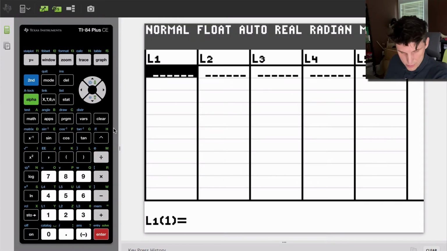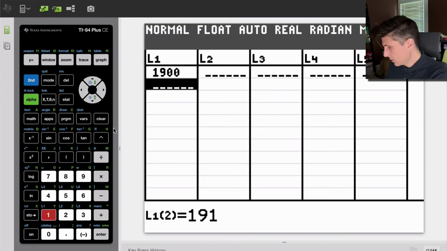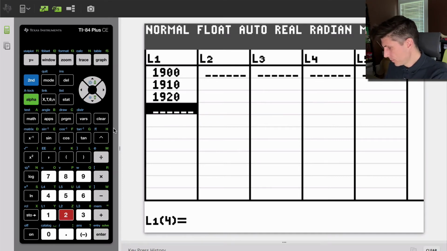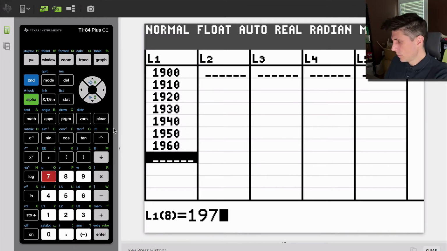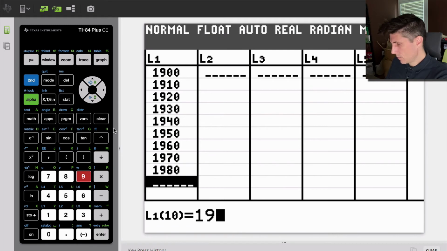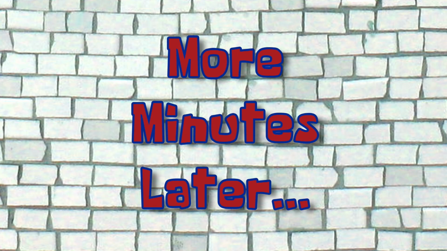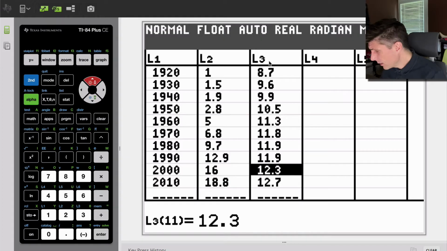Stat, edit, L1, and I'm going to delete, 1900. Okay, so we have the data here.